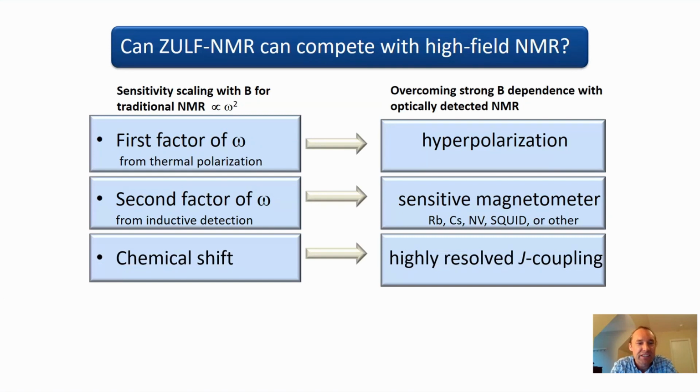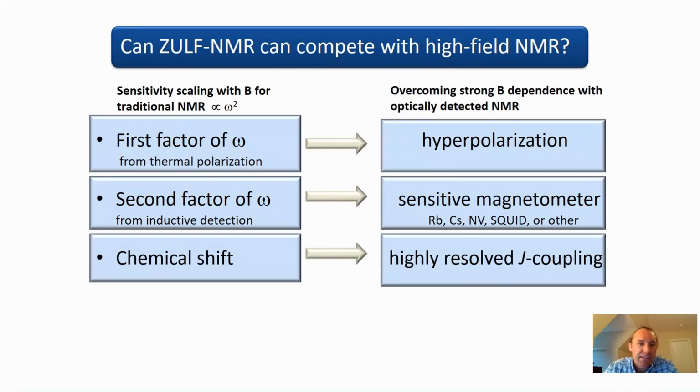Now, there is unfortunately yet another reason why it makes a lot of sense to go to high magnetic field, which is that you get much more chemical shift dispersion at higher magnetic fields, which means that there is a lot more information you can get out of the NMR spectrum, simply because you're spreading out the peaks, and then you can resolve them better and really read all the information.